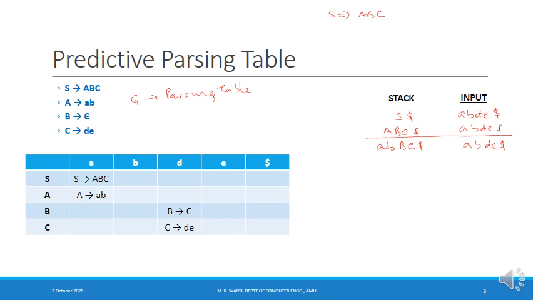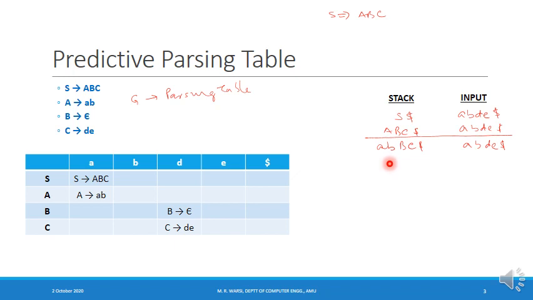Now the topmost stack alphabet is a terminal symbol. Whenever you obtain a terminal symbol on top of the stack, that terminal symbol must match the next input symbol. If it is not matching, that signifies there is an error in the input string. In this case, the topmost stack alphabet is the terminal symbol small a, and it is matching the next input symbol, so this is not an error condition.